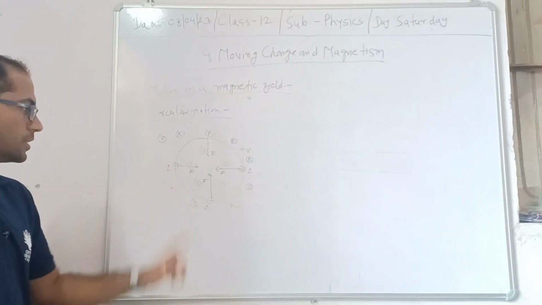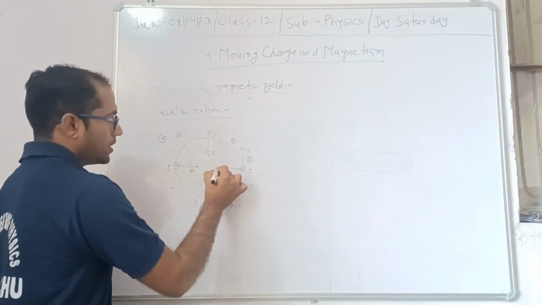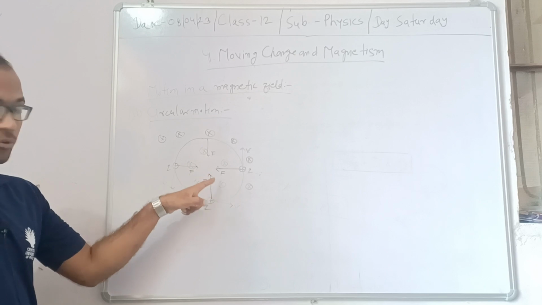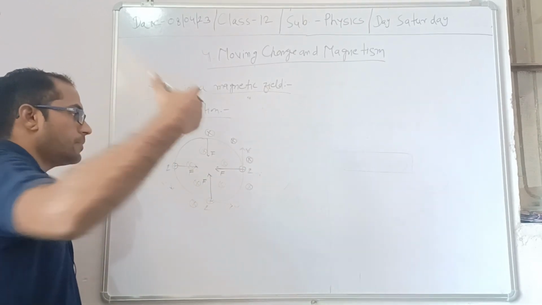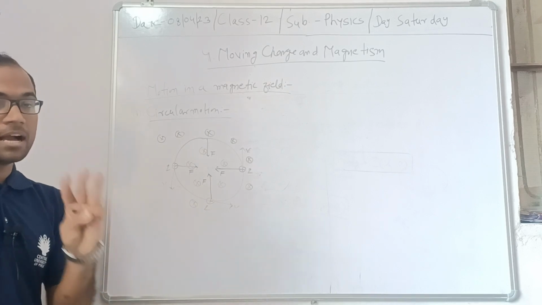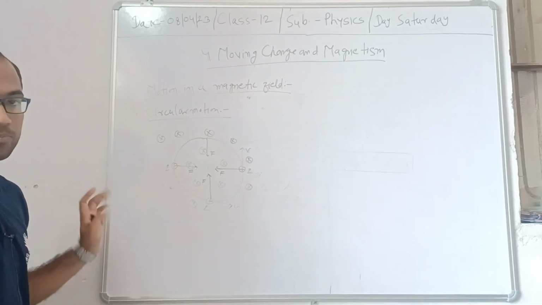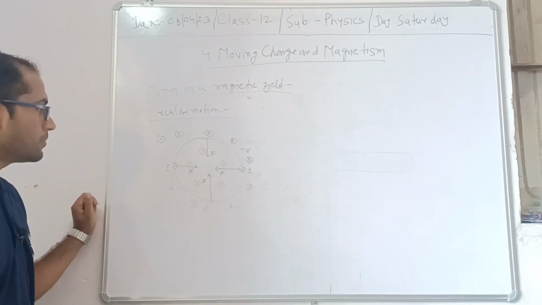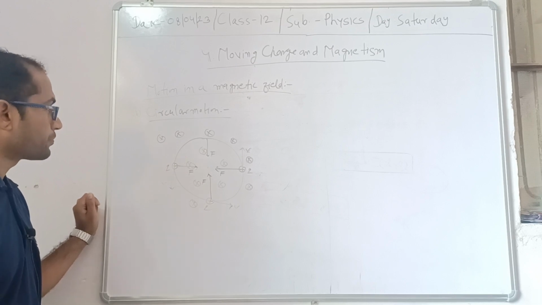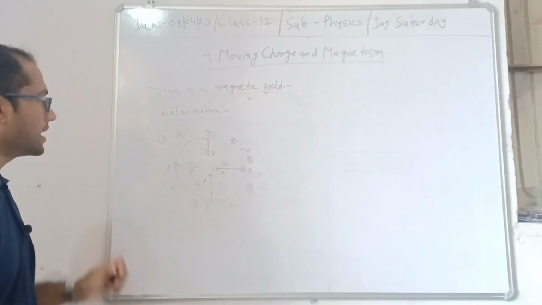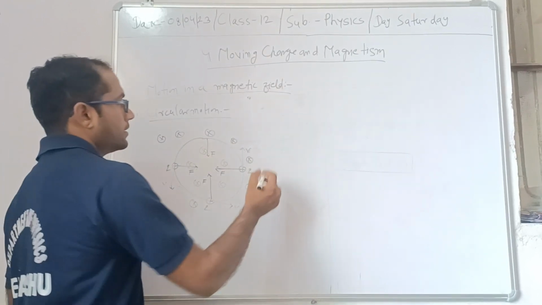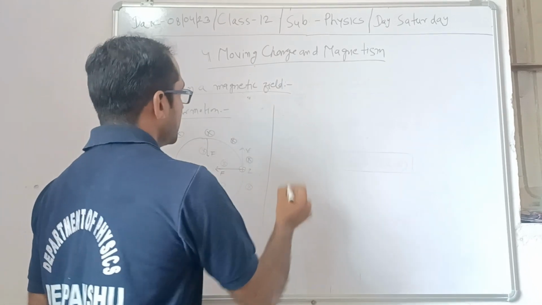So you can easily see that the direction of force, the direction of velocity and the direction of the magnetic field are all perpendicular to each other. So in circular motion, the force direction is centripetal. Second, we discuss helical motion.